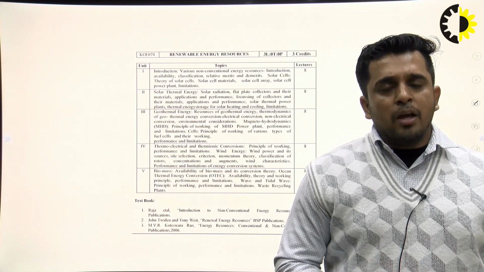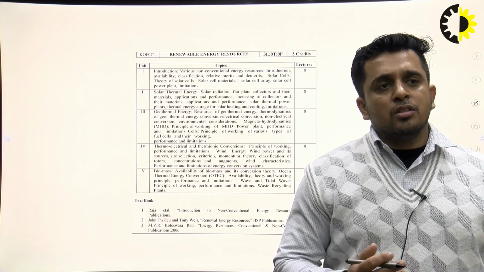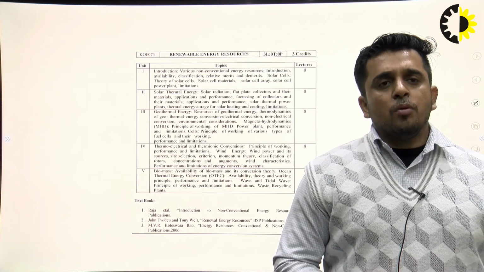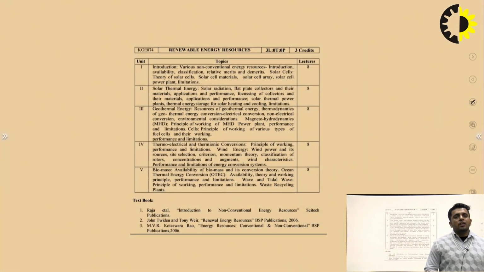Then we have magneto-hydrodynamics, the principle of MHD, and a topic named fuel cell. In the fourth unit we have thermoelectric and thermionic conversion, and wind energy, where momentum theory concepts are applied. In the fifth unit we have ocean thermal energy systems, biomass systems, and wave energy systems. So these are the contents of all 5 units.